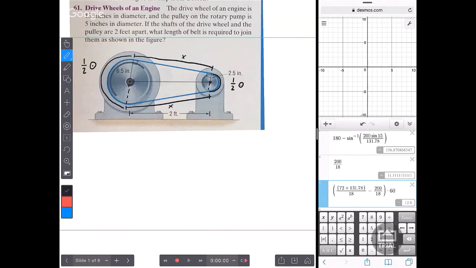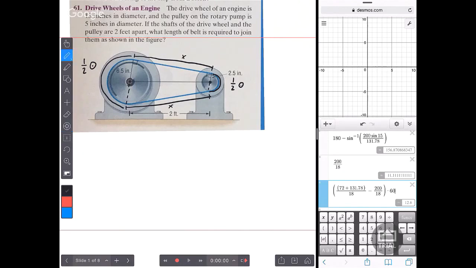And how am I going to find this distance, knowing 2 feet, 6.5, and 90? Any ideas? Let's go ahead and find the half circles first, and you guys can think about what we do with x, because that's the tricky part.